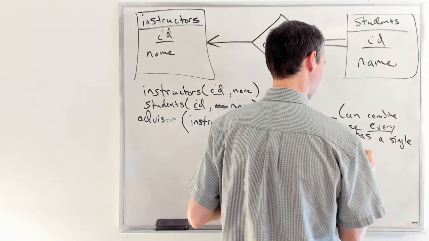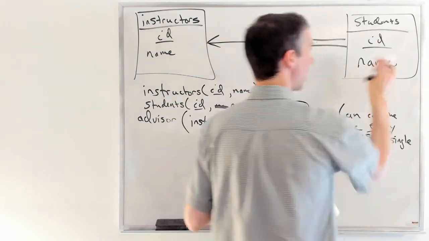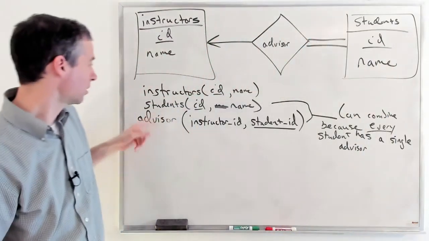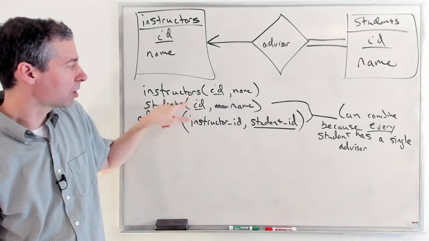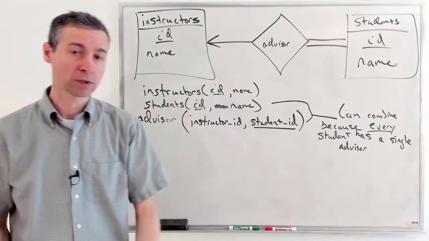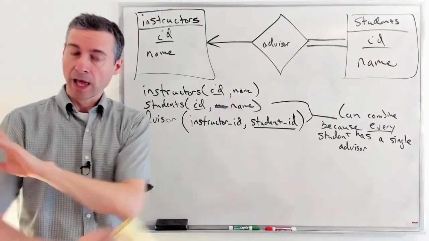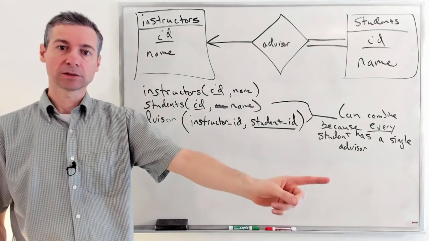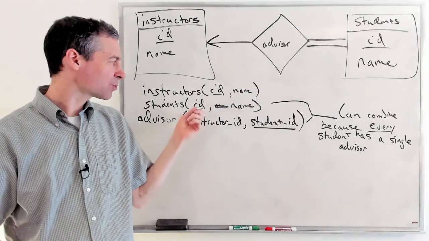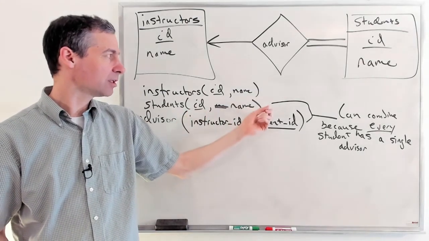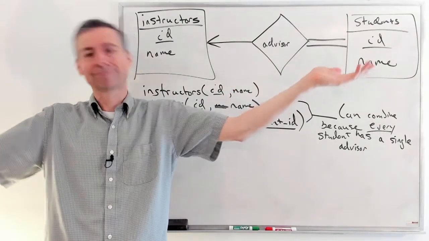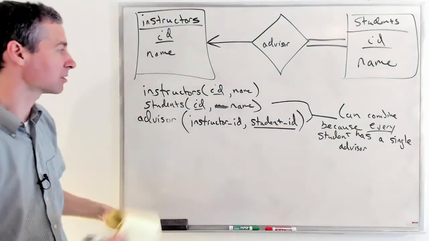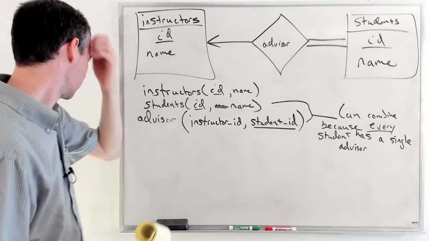So think about that. We have a table for students, and each row, which is one student, always has one advisor. Why don't we just record the person's advisor in the students table? Exactly, that's what it means. All right, we can do that.